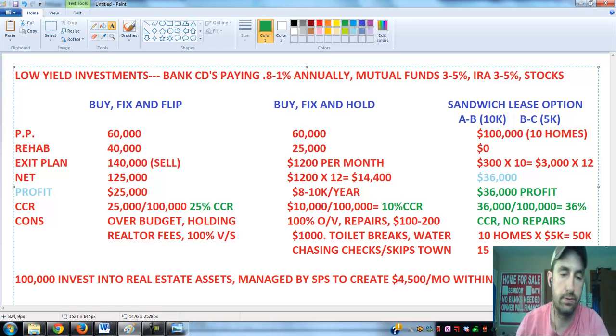Fill out all of that info, and then you are going to be in contact with me directly, and I'm going to help create a plan. This plan is going to help you invest into real estate, help you figure out what your number is, and help create a portfolio of sandwich lease options to get you there.